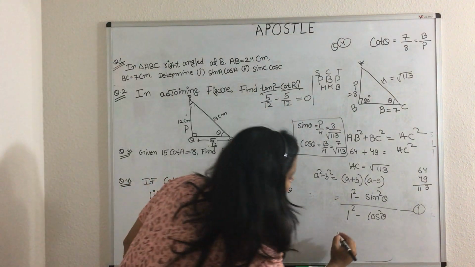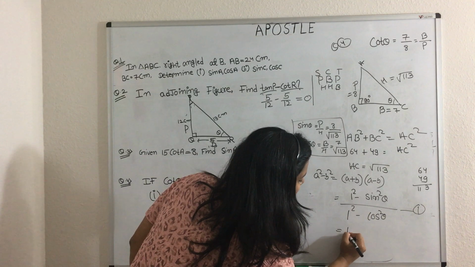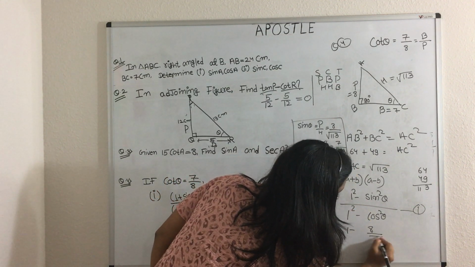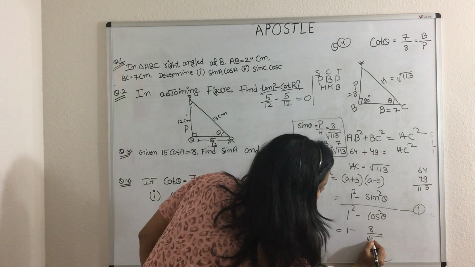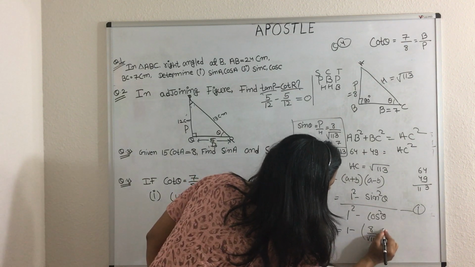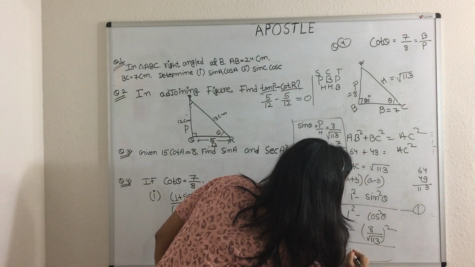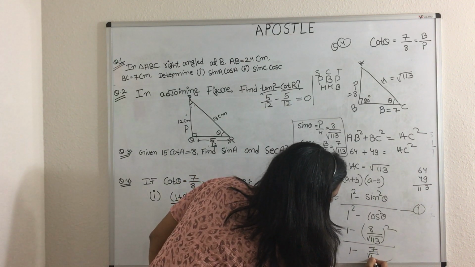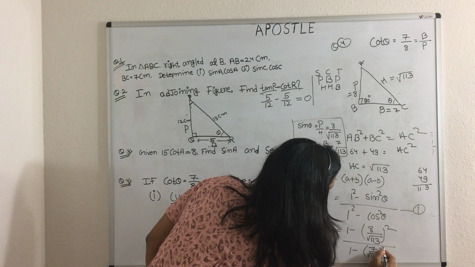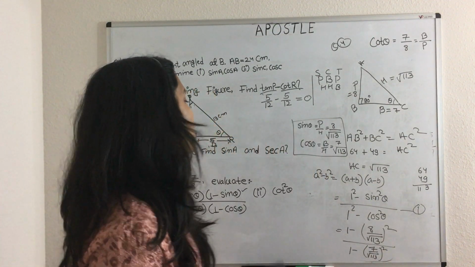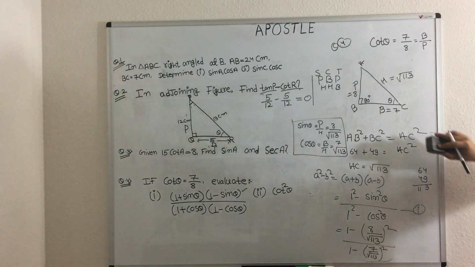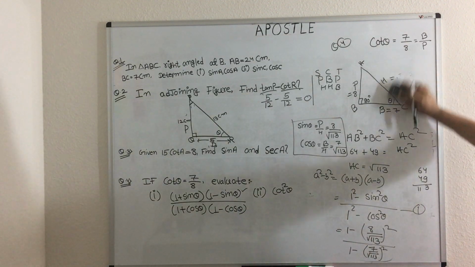So what is the value of sine theta? 1 square is 1. The value of sine theta is 8 upon under root 113, whole square, upon 1 minus 7 upon under root 113, whole square. Now we have to solve this equation. I am going to remove the upper part of the question and then solve this equation.